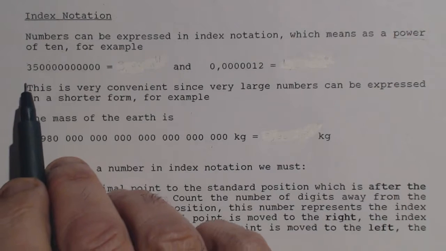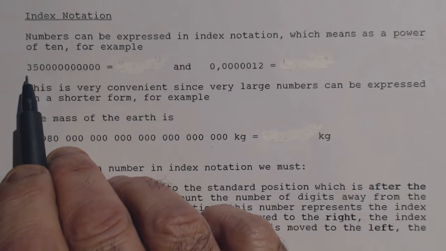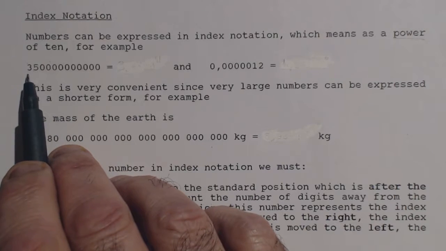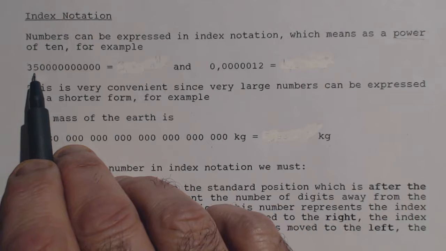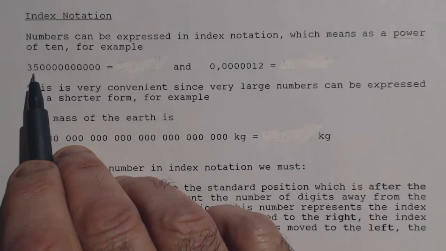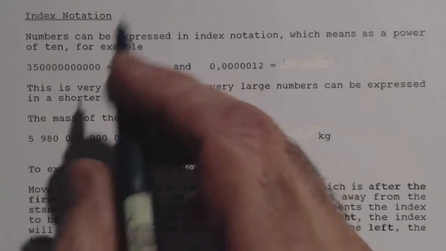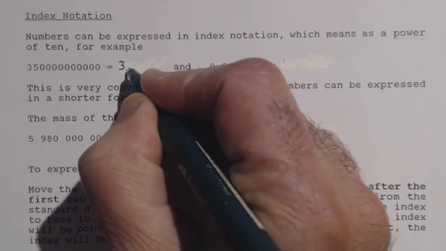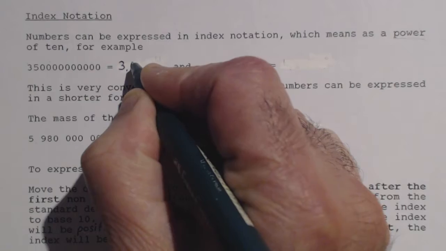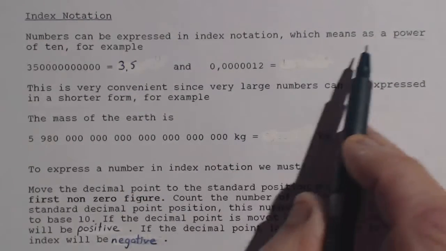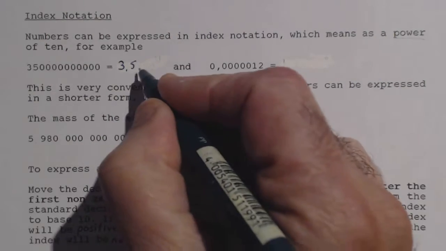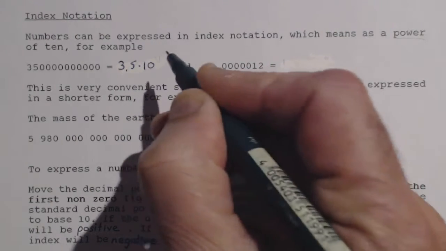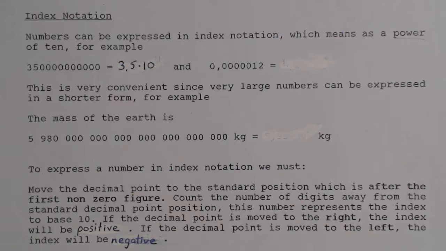Well, what we do first, we write out the two non-zero numbers that are given, which are 3 and 5, and we put the decimal point after the first non-zero figure, which is 3. So we write 3.5. Now, it needs to be expressed as a power of 10, so times 10 to a particular power or index.